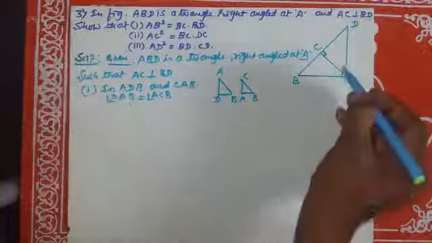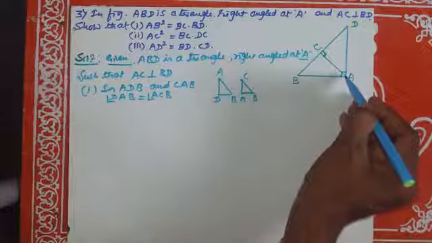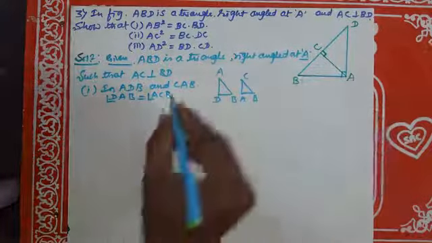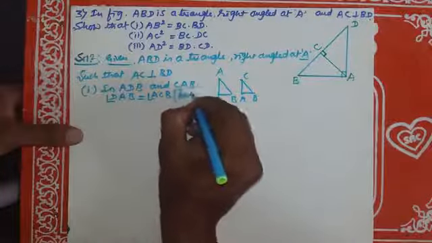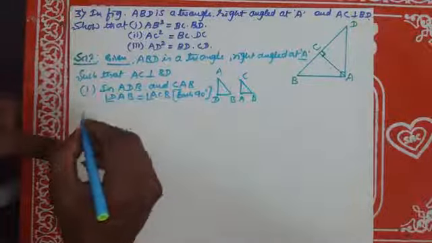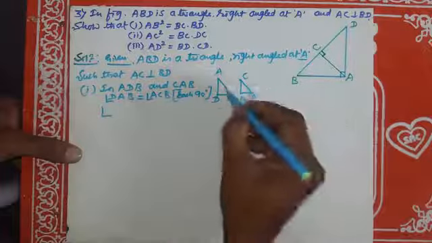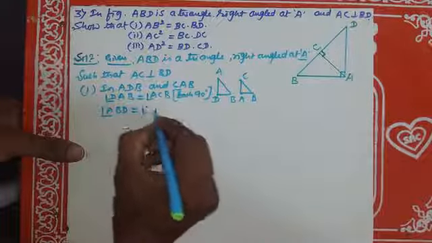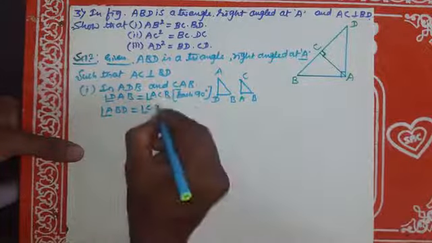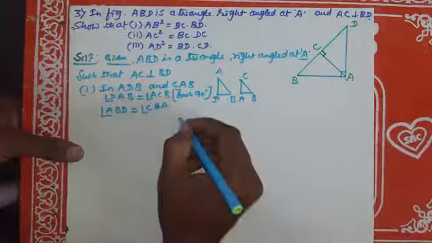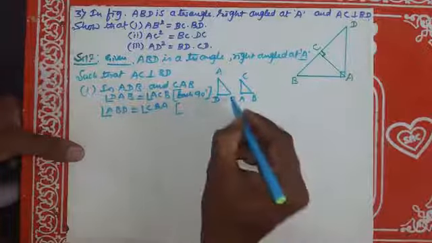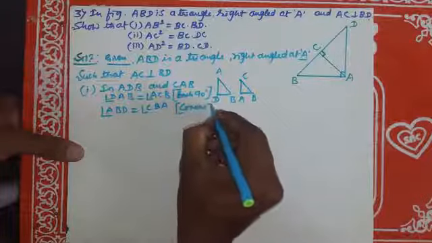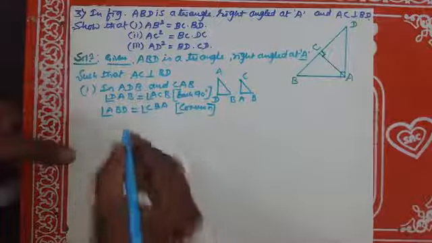Angle DAB is equal to 90 degree, and angle ACB is also 90 degree. Therefore, in brackets I will write each 90 degree. Therefore, angle ABD is equal to angle CBA. See, here also B is here, here also angle B. Therefore, angle B is common. Therefore, I will write in brackets, this is a common angle.